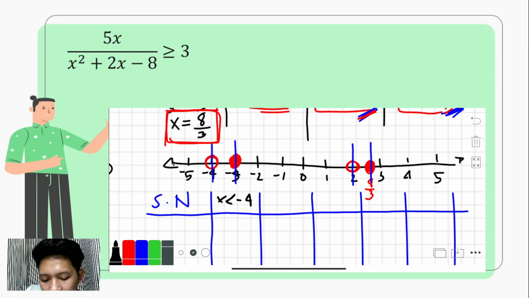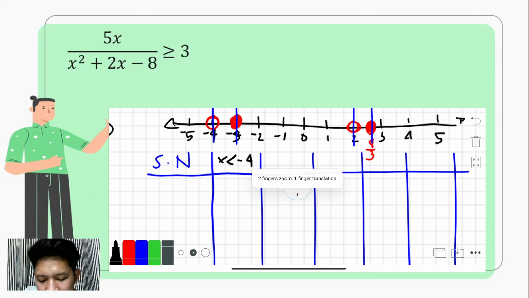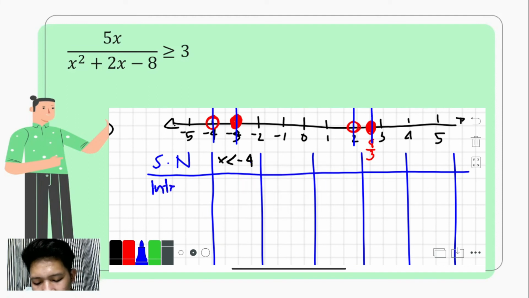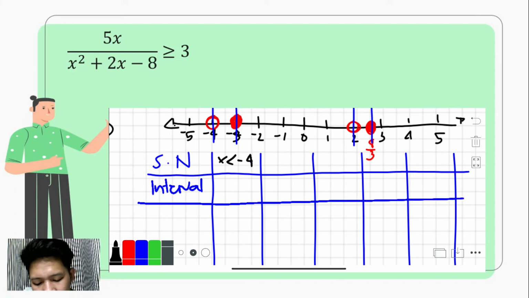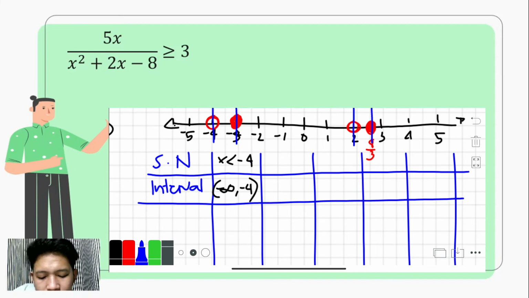Okay? And then, we have the next set notation. Or kung, para mas madali, idiretso na rin natin siya kay interval. Okay? So, yung interval natin would be from negative infinity to negative 4. So, parenthesis po siya kasi hindi included. Okay? And next set notation natin ay itong part na ito. So, from negative 4 to negative 3.